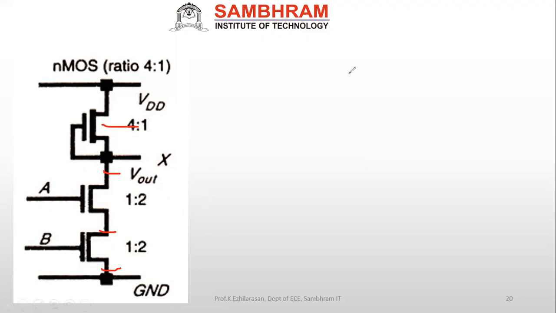Think of this as the pull-up resistor. It is always on, correct? Then this is the switch, then resistance, then one more switch, then resistance.